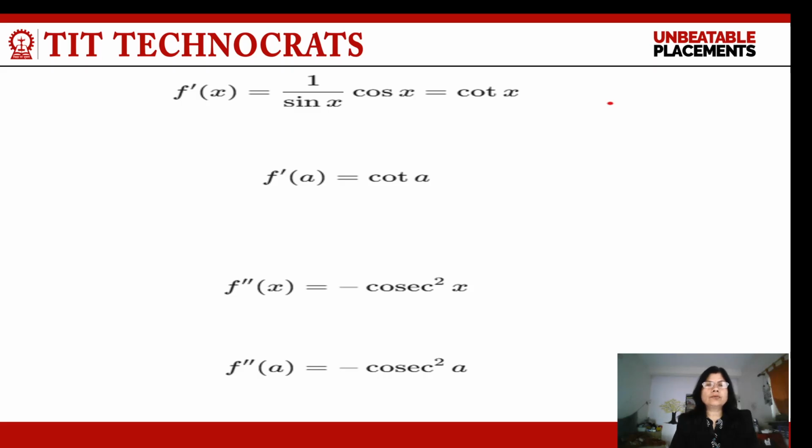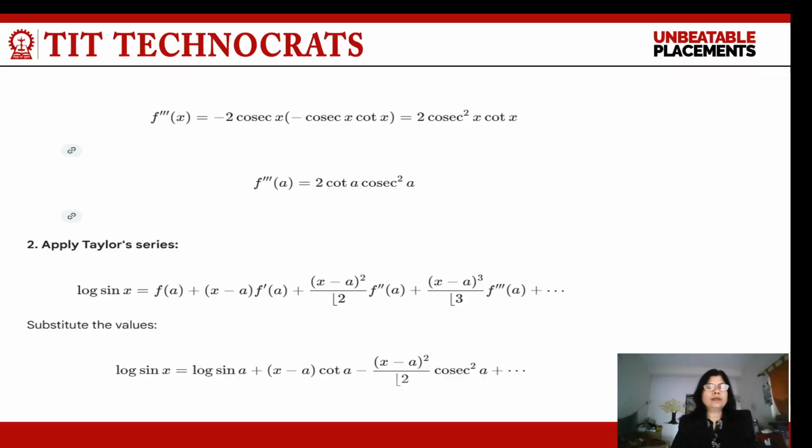So at x is equal to a, f dash a is equal to cot a. Again differentiate the given function, that is the second derivative, f double dash x is equal to minus cosec square x. Put x is equal to a, then we get f double dash a is equal to minus cosec square a.